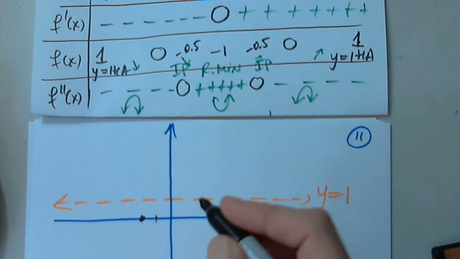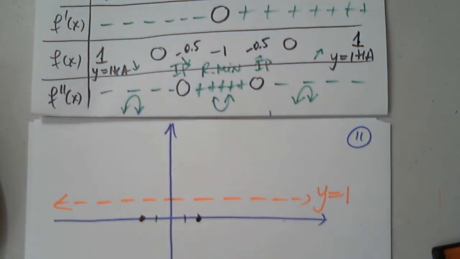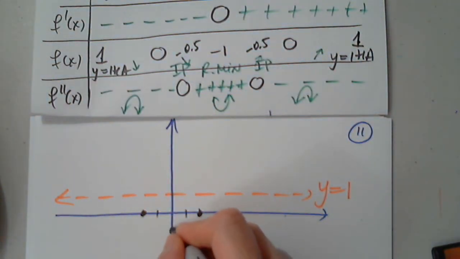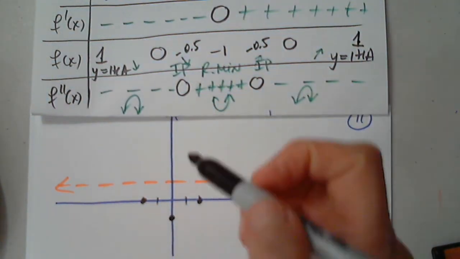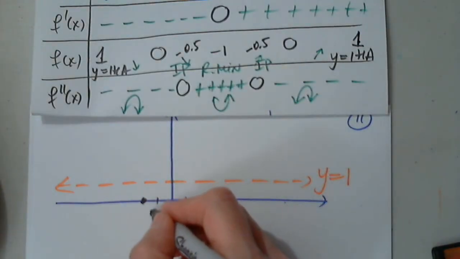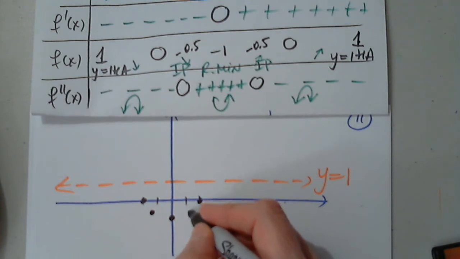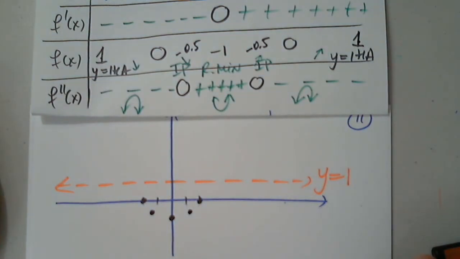And of course, I have 2, 0. Then I have 0, -1. Then I have -1.2, -0.5, positive 1.2, -0.5. And that's all I have.